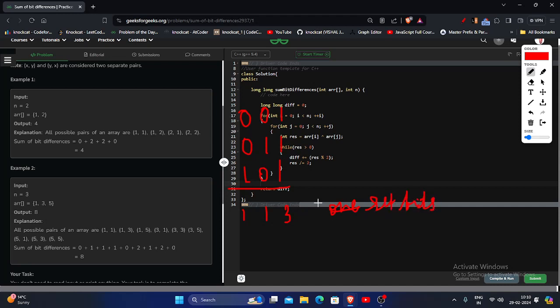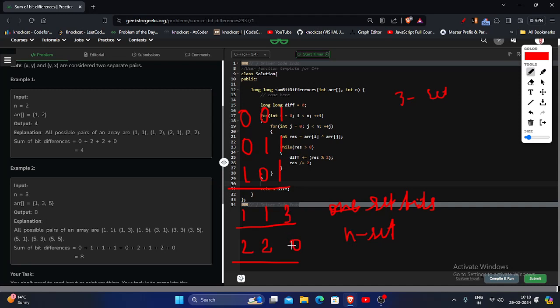Similarly, the number of unset bits I can get using the formula n minus set bits. If the number of set bits is 3, I know I have 3 elements, so the number of unset bits will be 3 minus set bits. That would be 0 for this case, 3 minus 1, 2 for this case, and 3 minus 1, 2 for this case. So now I have the number of set bits and the number of unset bits.